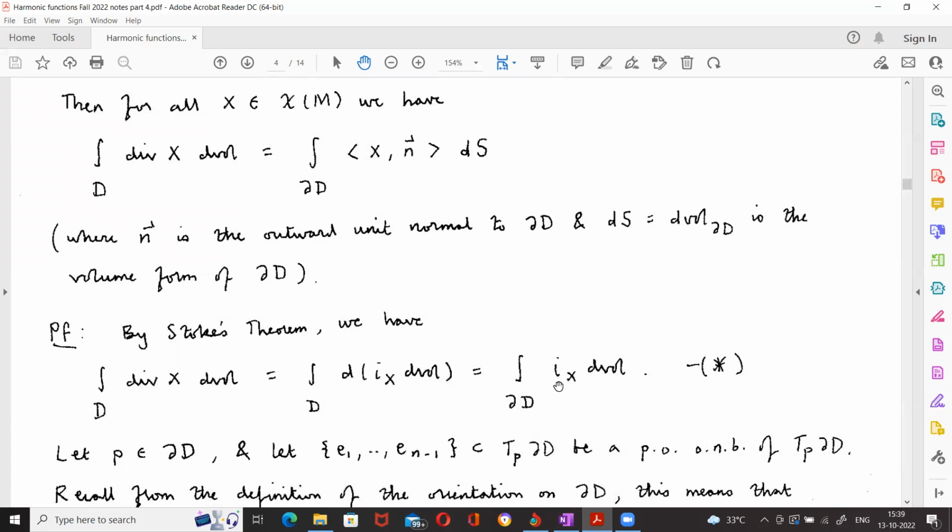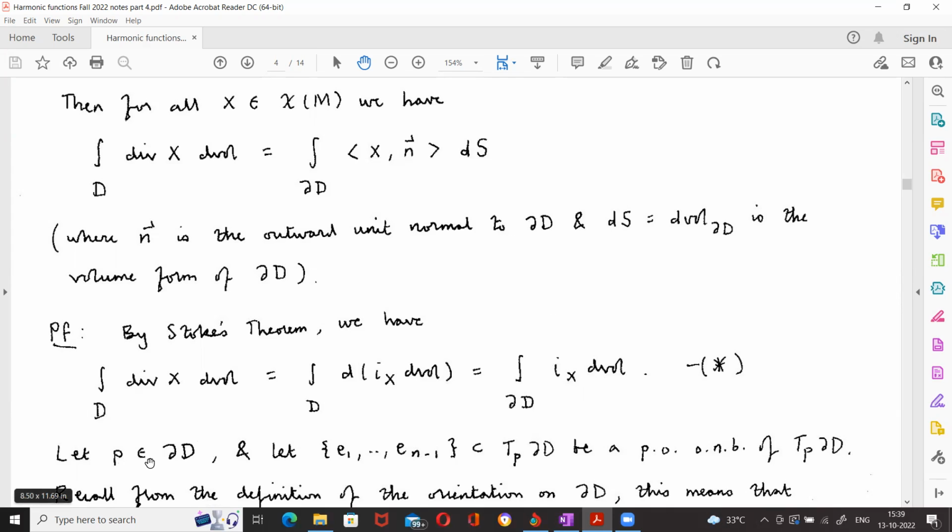Now i_X dvol is an n-1 form on the n-1 dimensional manifold boundary D. So all we have to show is that i_X dvol restricted to boundary D is equal to the inner product of X with N times ds. Then we're done. So that's what we're going to show.